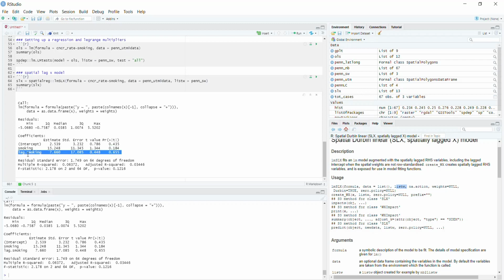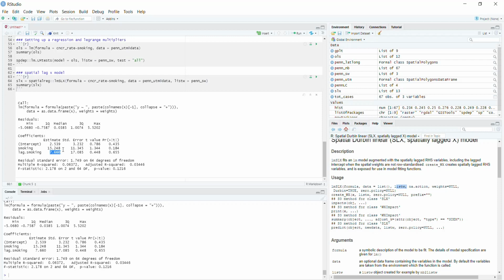So this lag of smoking is going to be this estimate. This is the theta. If you remember back to our equation for the lag model, we said it was Wxθ. This is the theta, and this is the beta. So this is the effect of smoking on us, and this is the effect of our neighbors smoking on us. Okay?